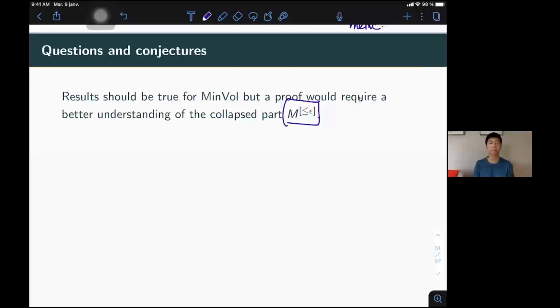So right now, you know that it can be collapsed: bounded sectional curvature and injectivity radius going to 0, but you don't know if you can bound the volume of that guy, even though you can collapse it.